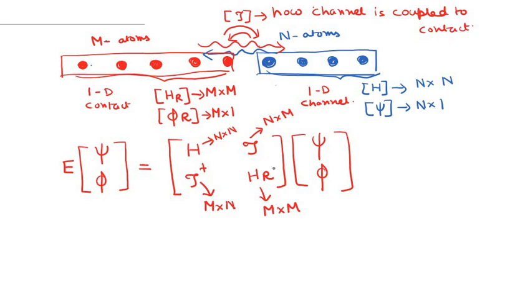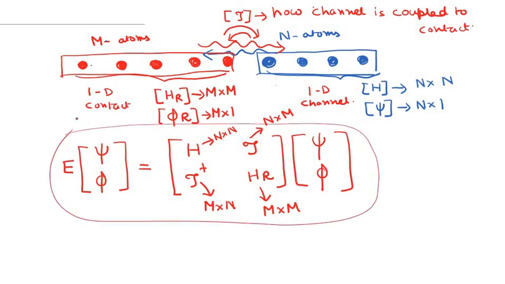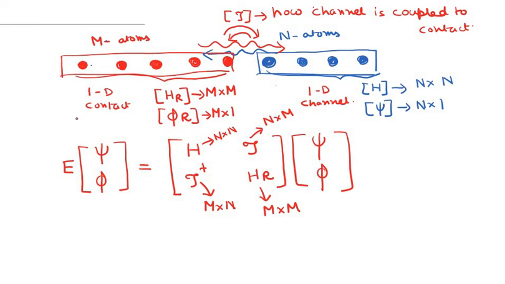Okay, so if HR is very large, it basically makes this entire matrix very large, and then it becomes computationally intensive to solve this entire matrix. And remember that it is not sufficient to solve this entire equation once, because we also have to solve the Poisson's equation self-consistently along with it.